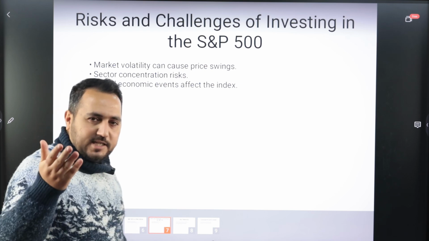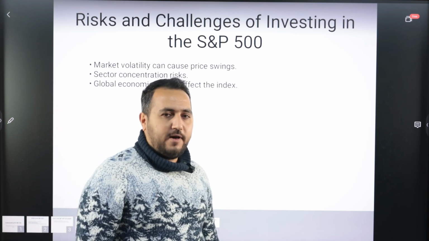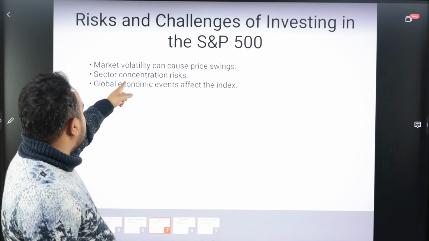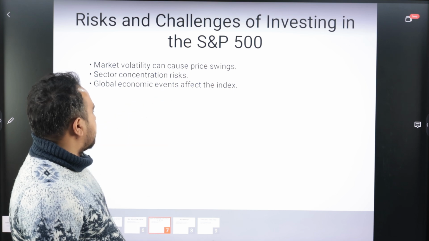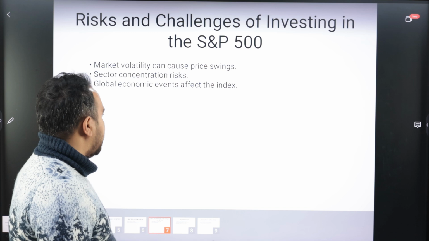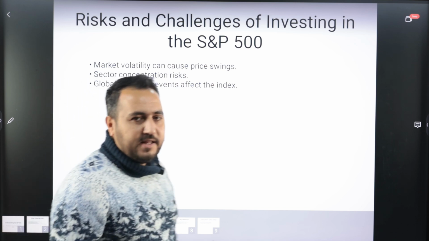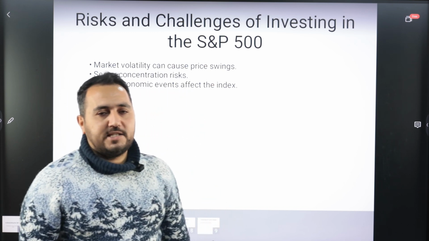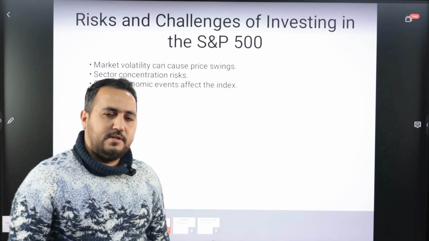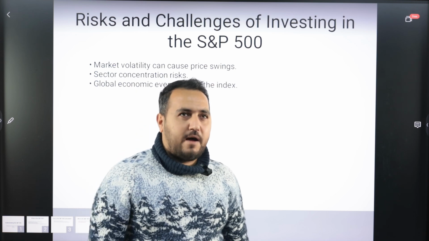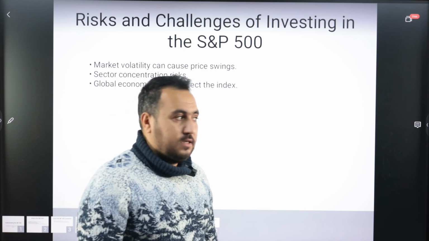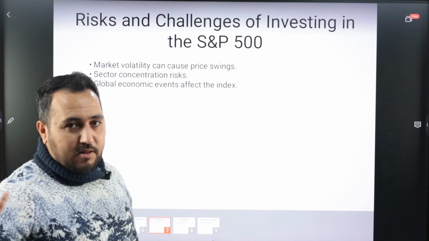I speak for forex because most of my followers are forex traders. Sector concentration risk: global economic events affect this index. For example, when COVID-19 hit in 2020, the price fell about 30% in only 22 days. So this also was a global problem.